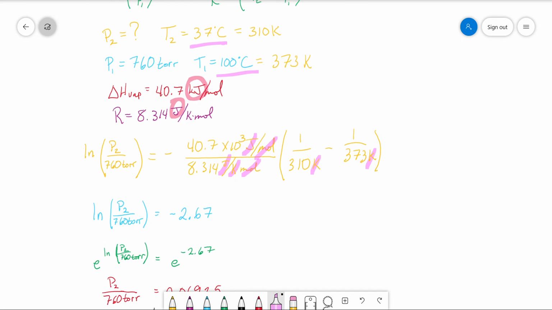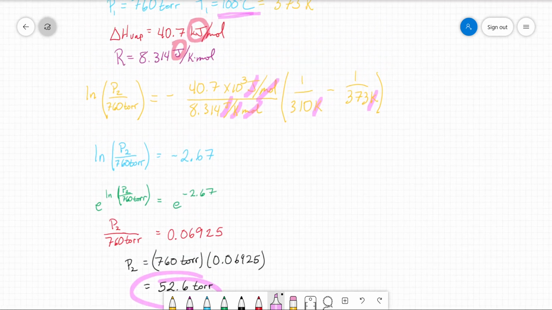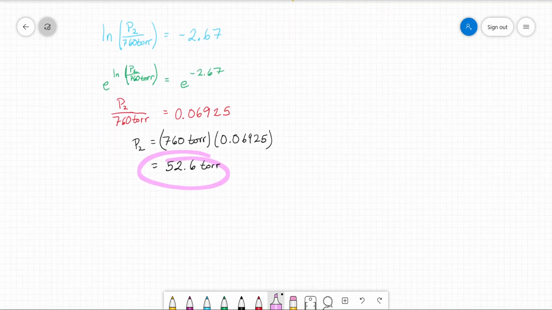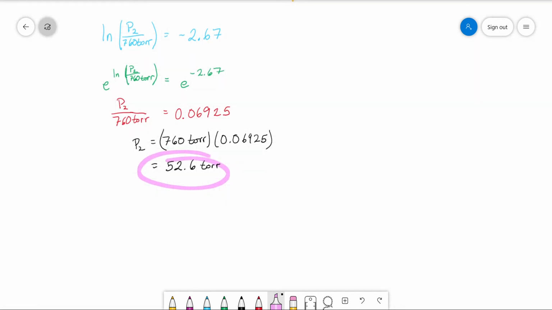So even though we're at about a third of the boiling point, it is not linear. What I mean is we wouldn't expect our vapor pressure to be 1/3 of the vapor pressure at the boiling point. So we have a small vapor pressure on the right order of magnitude, so that all makes sense. And that's enough for the Clausius-Clapeyron equation.